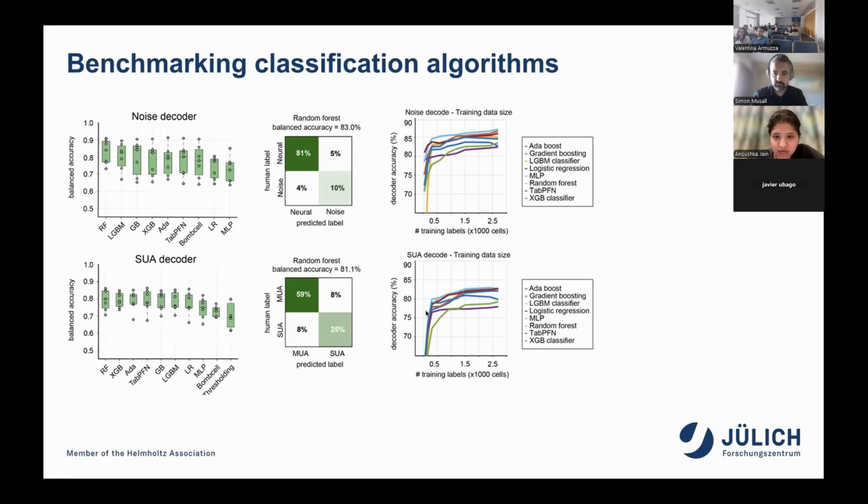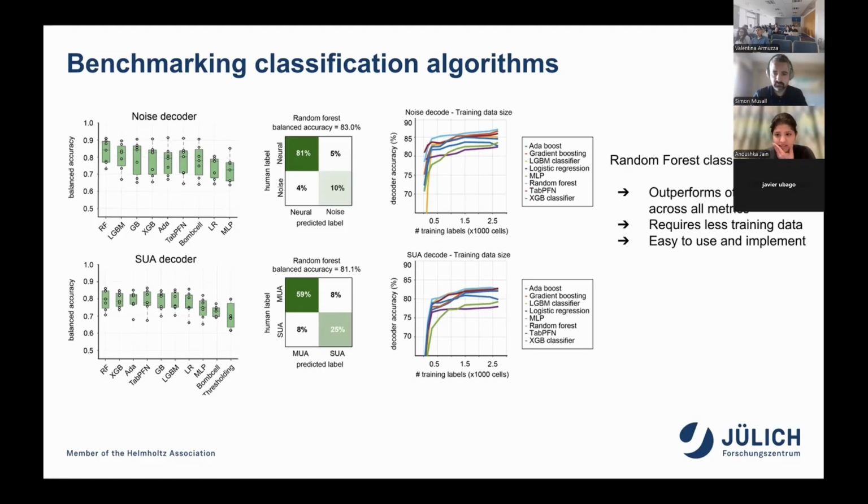You can see that with random forest, if you give 500 units, it's performing really well. So random forest outperforms other classifiers, and it's also very easy to implement, since you have the sklearn API to use random forest.